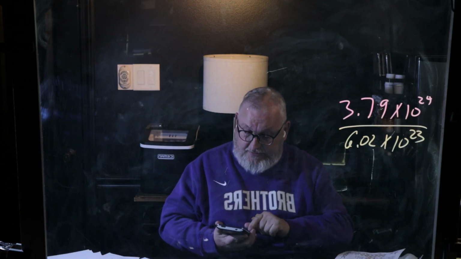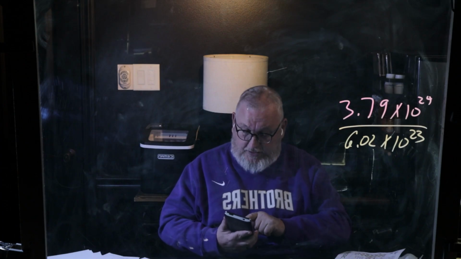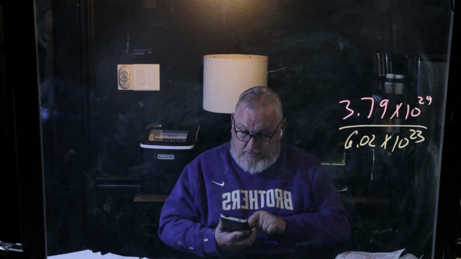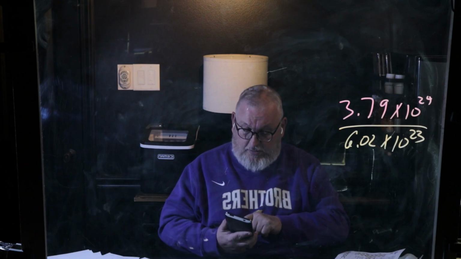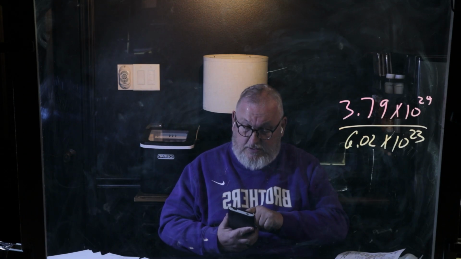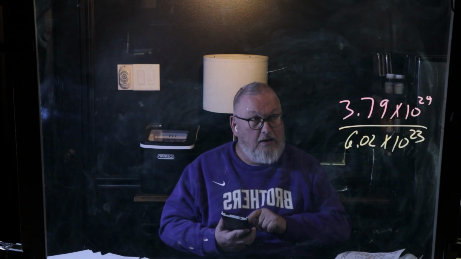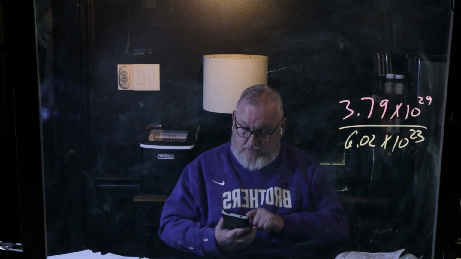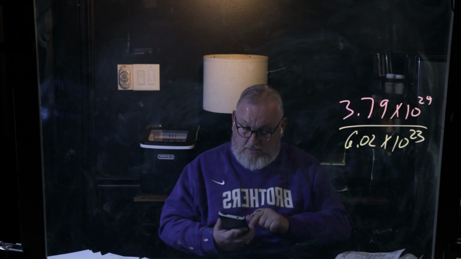I think this is going to be greater than 1. Let's use the calculator: 3.79 times 10 to the 24th divided by 6.02 times 10 to the 23rd. You have to be careful with these.